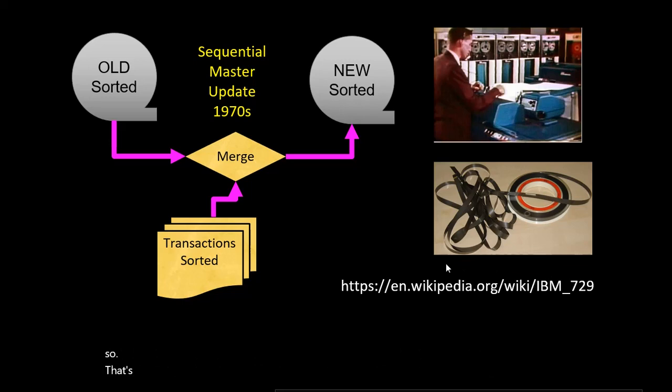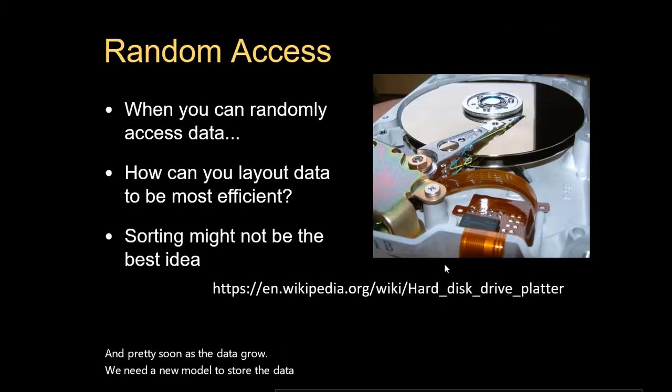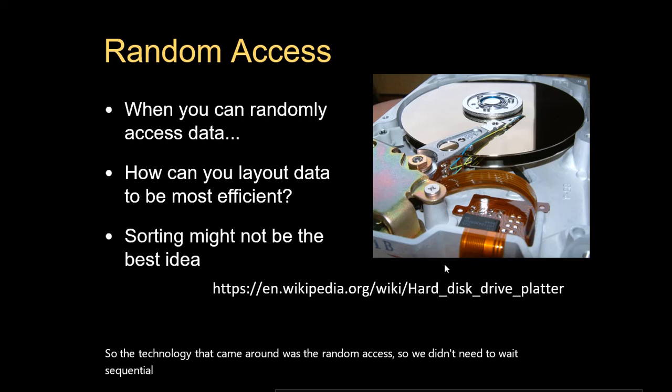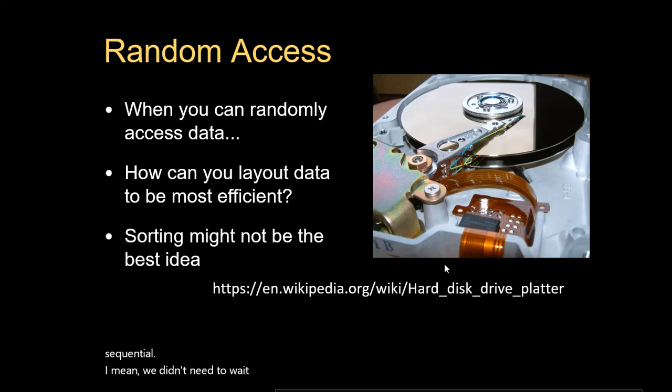That was of course very challenging, and pretty soon as the data grew, we needed a new model to store the data. The technology that came around was random access. We didn't need to wait sequentially to get to that point of data that was of interest.